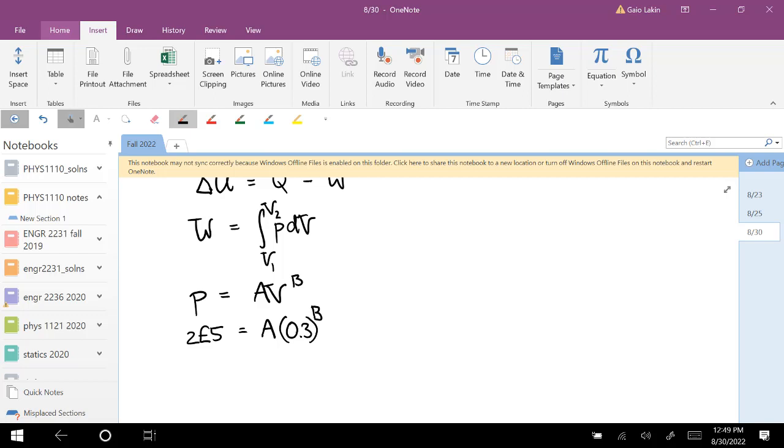I guess I'll write this as A is equal to 2 times 10 to the 5th divided by 0.3 to the B. I'll just leave it like that for now.